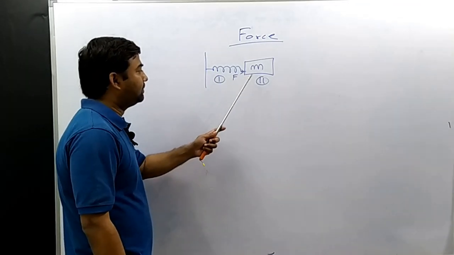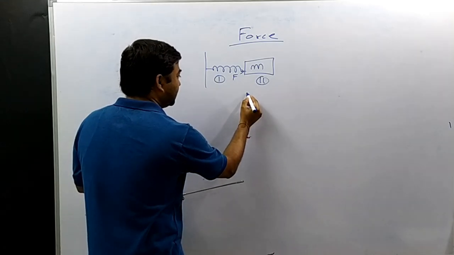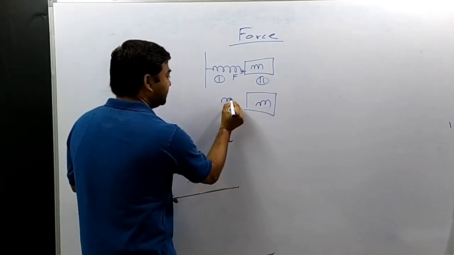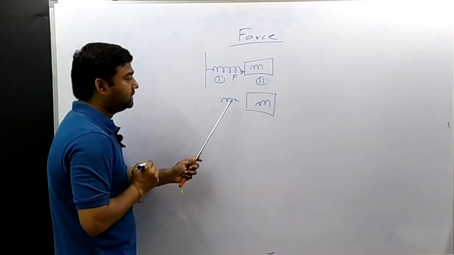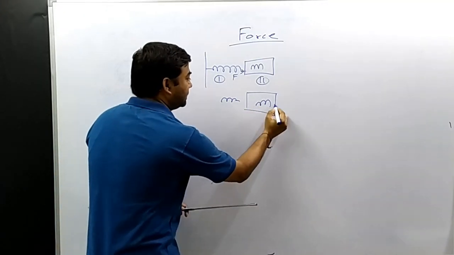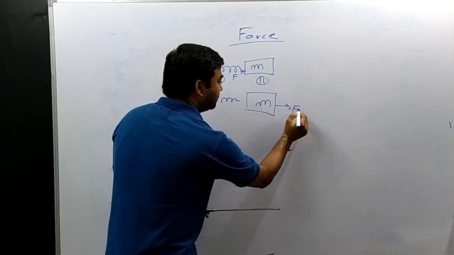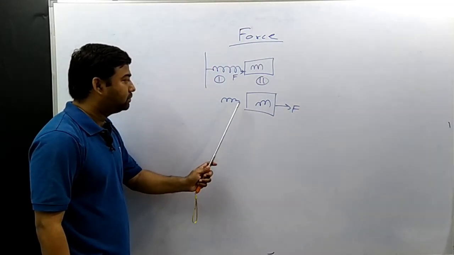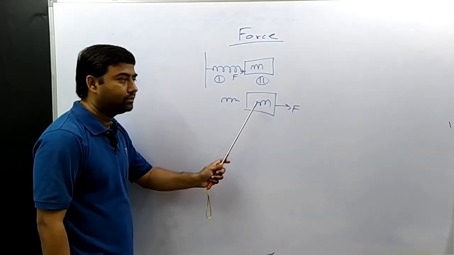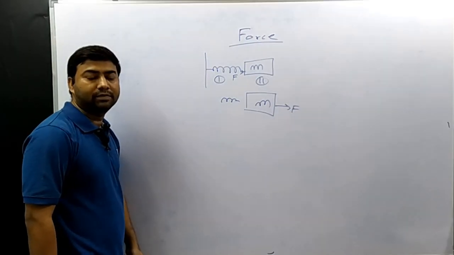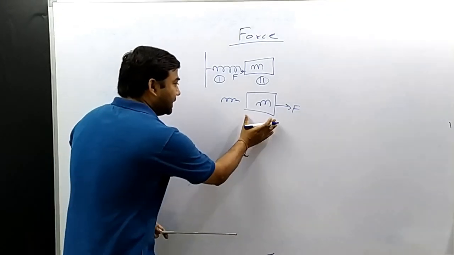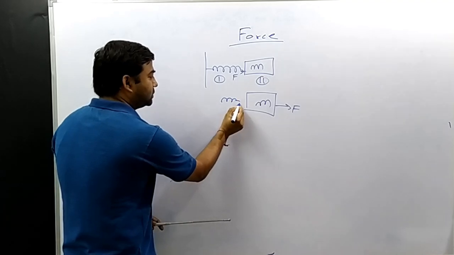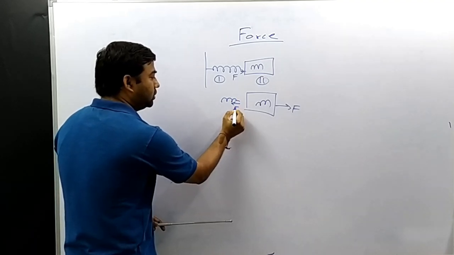If you make a separate diagram with mass M and the spring, this spring is applying a force F on this block, in this direction. As a reaction force, this block will exert a force F on the spring also.